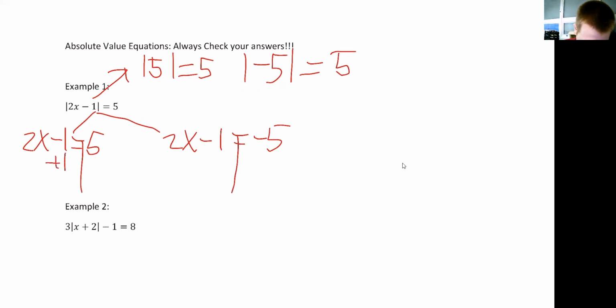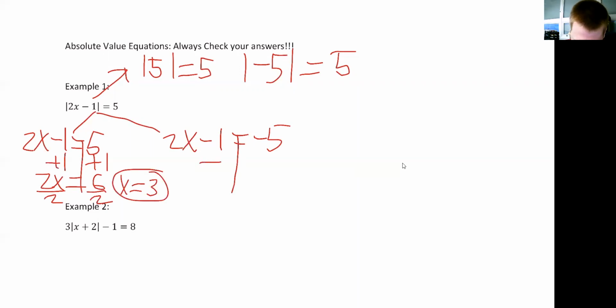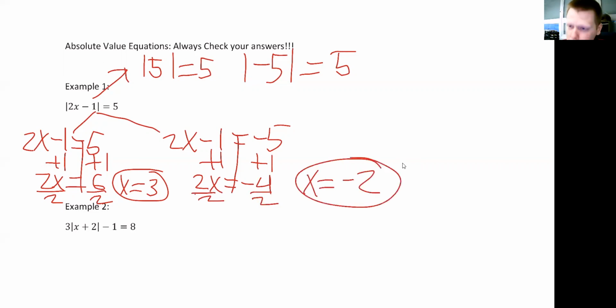You would add 1, you get 2x equals 6, divide by 2, you would get x equals 3 for one of your answers. For the second one, if you add 1, just be careful with that -5, that would be -4 when you add 1 to it. And then divide by 2, you'll get x equals -2. So those would be our two solutions.